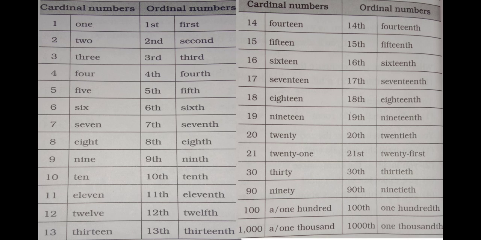Let's study the table. 1 first, 2 second, 3 third, 4 fourth, 5 fifth, 6 sixth, 7 seventh, 8 eighth, 9 ninth, 10 tenth, 11 11th, 12 12th, 13 13th, 14 14th, 15 15th, 16 16th, 17 17th, 18 18th, 19 19th, 20 20th, 21 21st, 30 30th, 90 90th, 100 100th, 1000 1000th. So these all were the cardinal numbers and ordinal numbers.